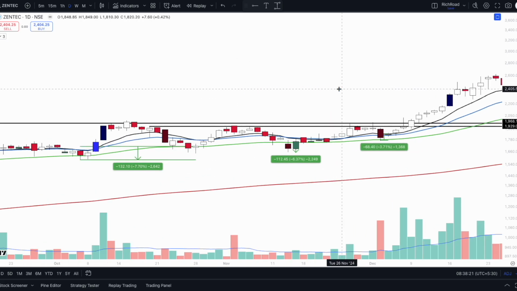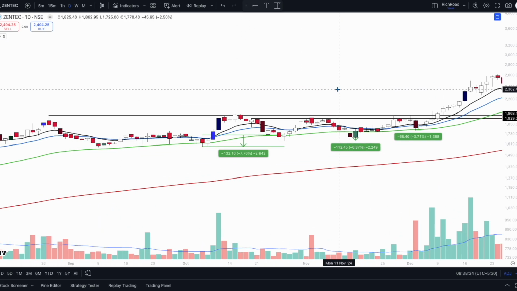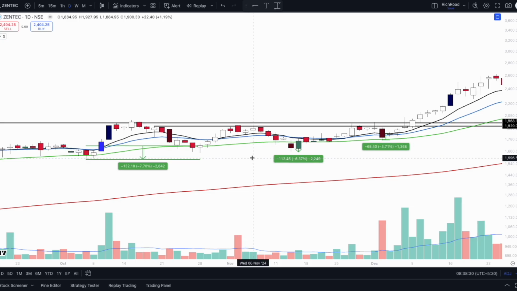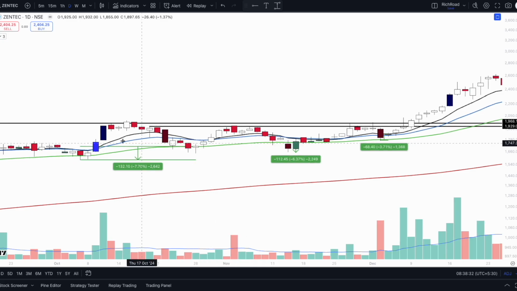So this is the importance here. And also one more thing, one very important point that should be taken note of is how these moves have happened. See, first thing, if I take this arrow, we had three consecutive candles of up move over here, right? You can see it over here.